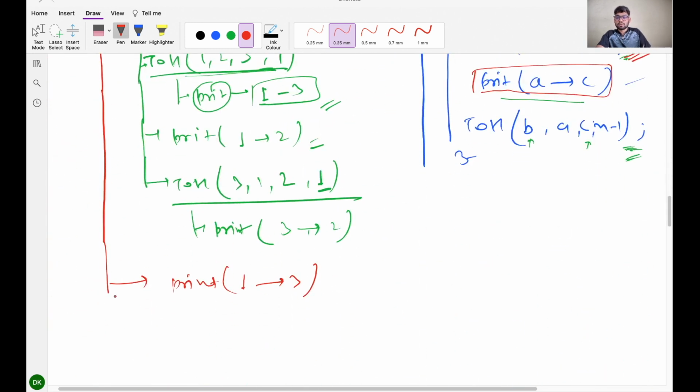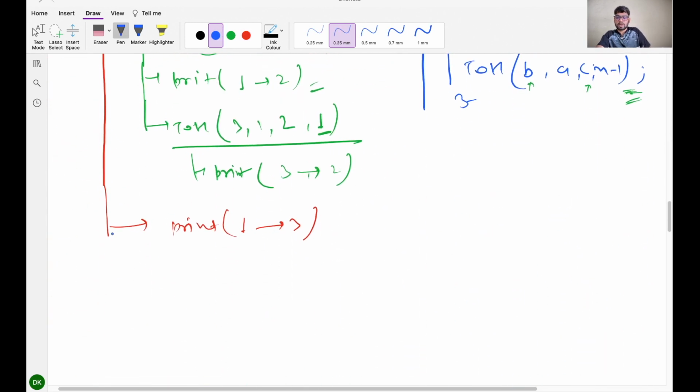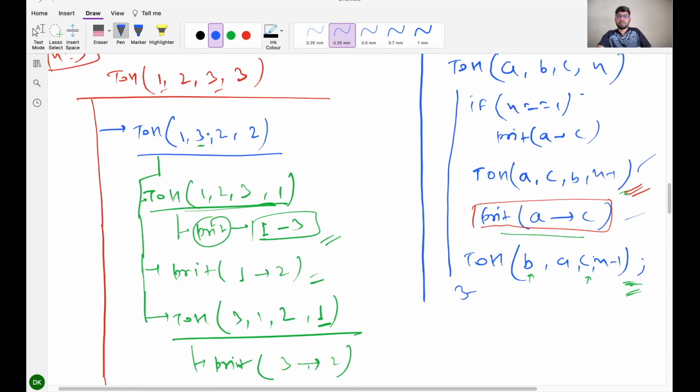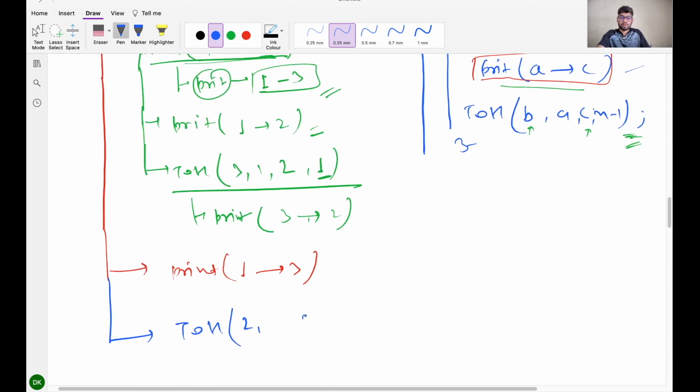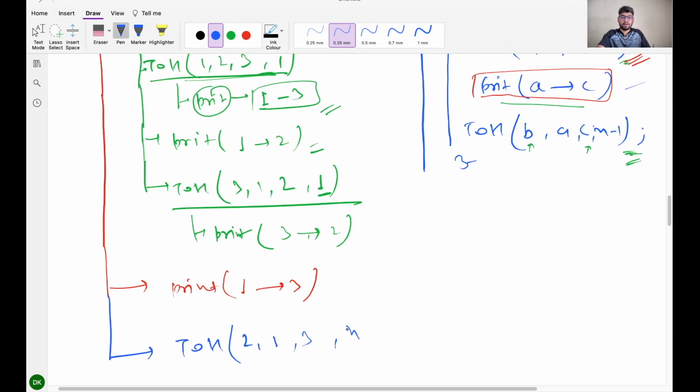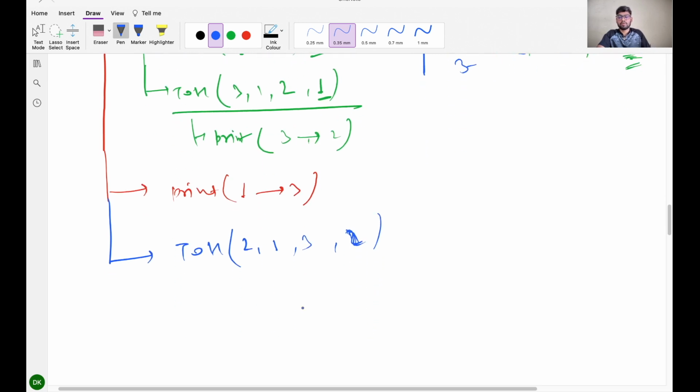So in my next recursive call, TOH from B to C using A as an auxiliary, that means from 2 to 3 using A as an auxiliary, for all n minus 1 disks, that will be n equal to 2.